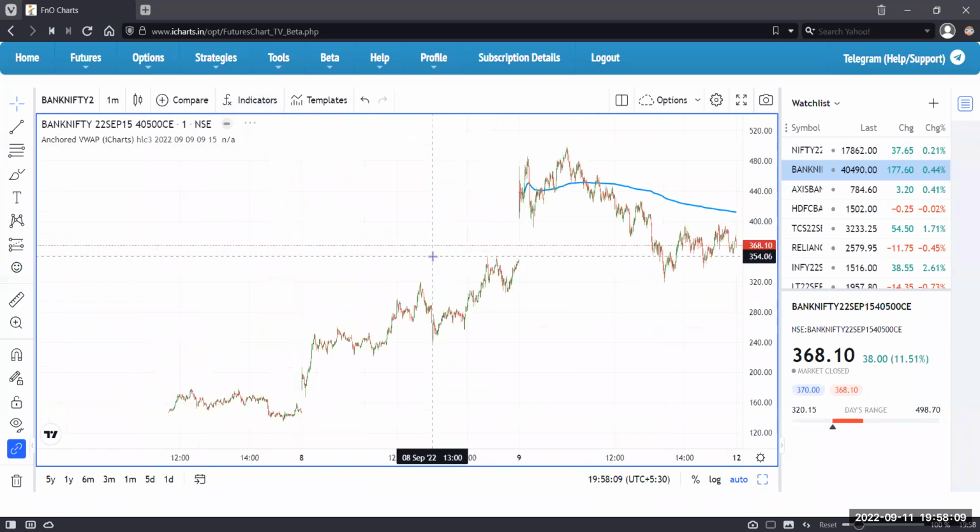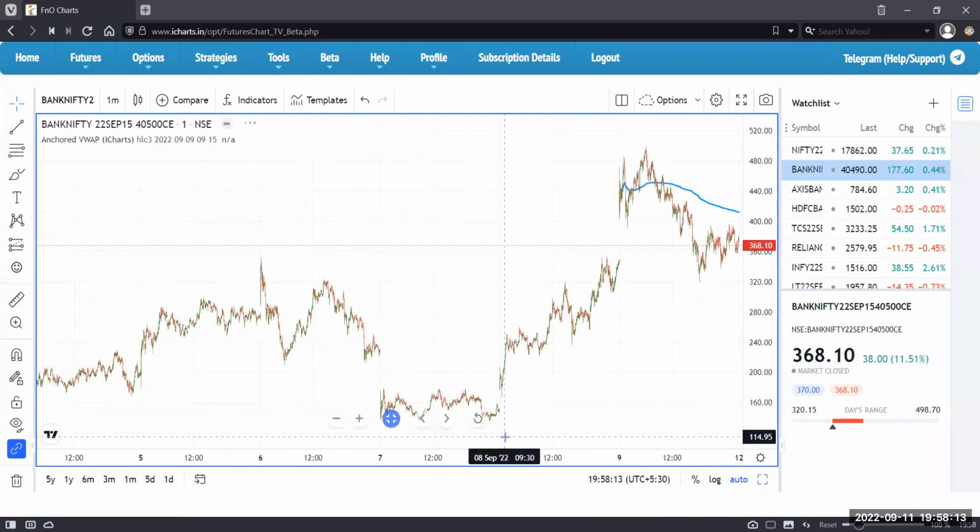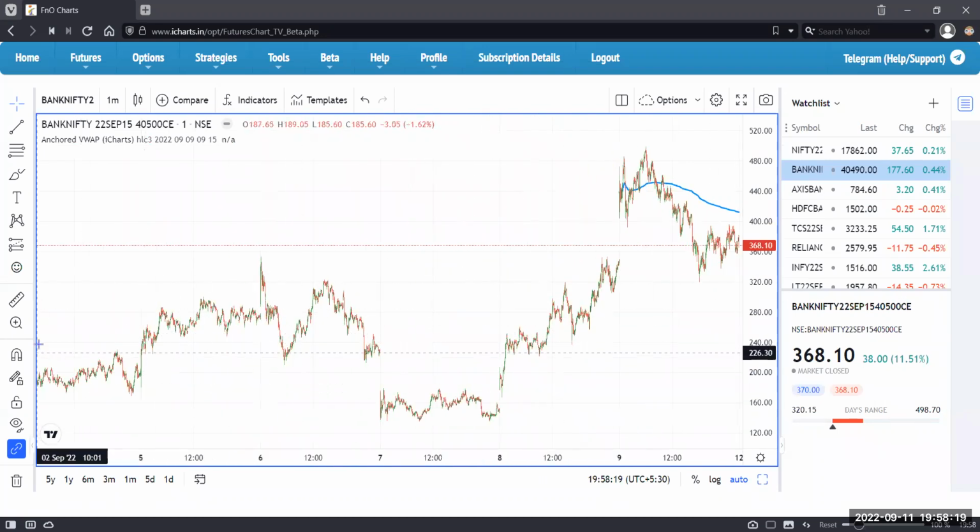AVWAP, you can plot from wherever you want. The thing is, limited data will be there. So the idea of multiple AVWAP lines from last Friday and all that is not possible. You can plot from this high, this low, and all that, and then track that for your break of that.